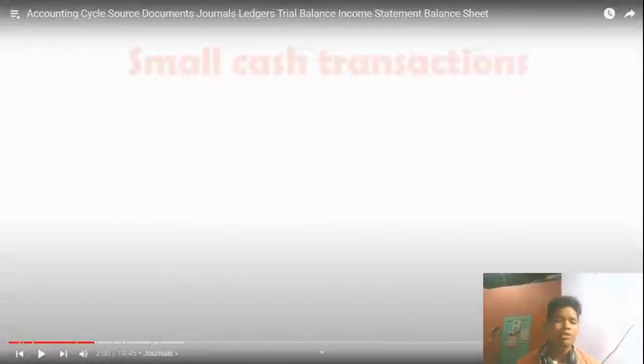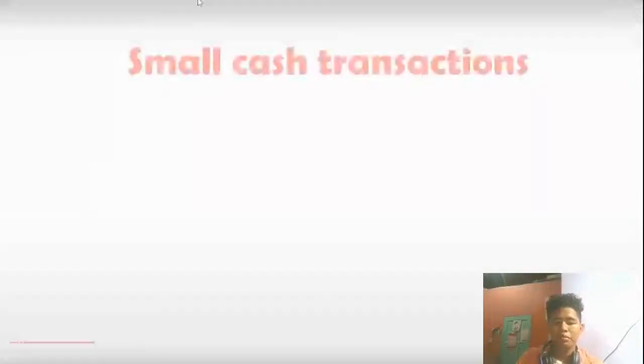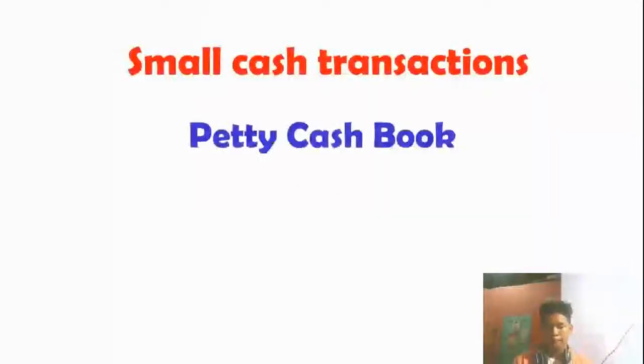That's where the minor purchases go, and that is called the petty cash book. However, the cash book, which is the overall one, takes in major cash transactions. So we have the petty cash book and the cash book itself, and that is where cash transactions are usually allocated. Small cash transactions: petty cash book. Yeah, petty cash book, you get it right there.